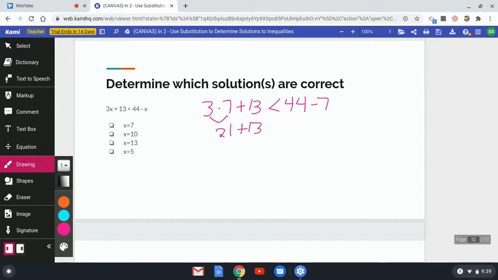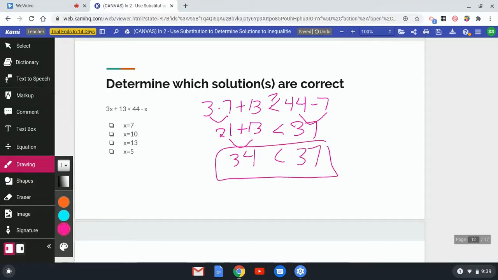What's 21 plus 13? Let's see, 34. We're asking, does 7 make this true? Well, what's 44 minus 7? 37? So is 34 less than 37? Yes, so 7 makes it true.